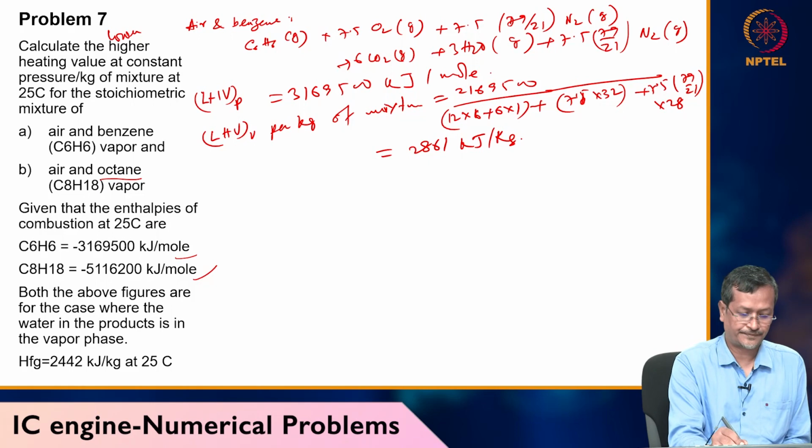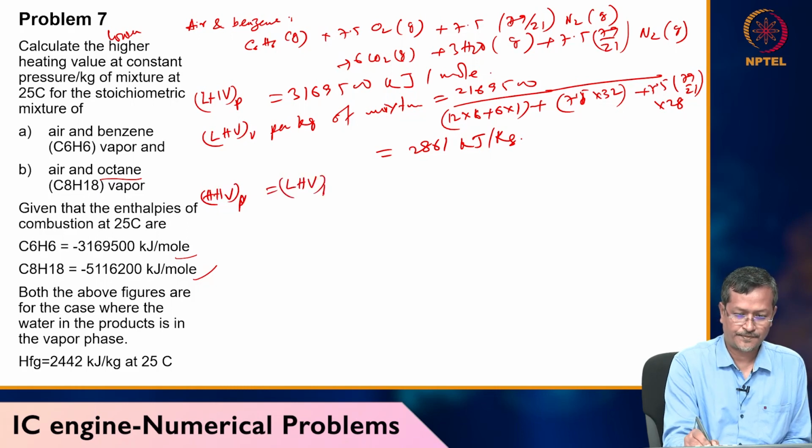Now HHV at constant P equals LHV at constant P plus m hfg.